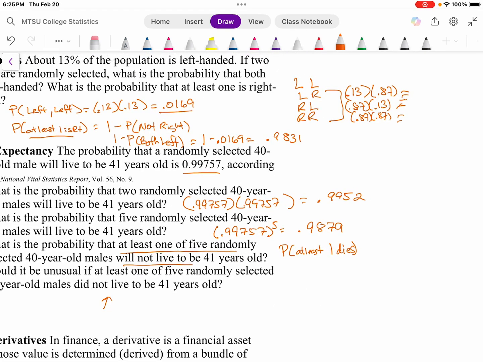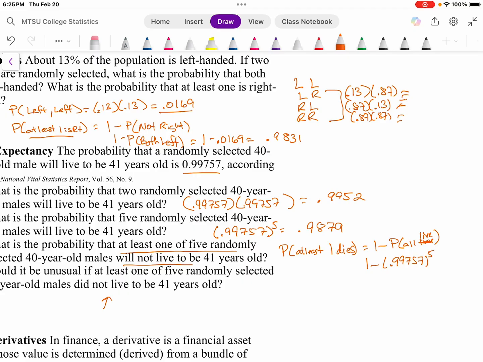So instead of doing a big long tree diagram to figure this out, we could do 1 minus the probability that they all live. So that would be 1 minus 0.99757 raised to the 5th.